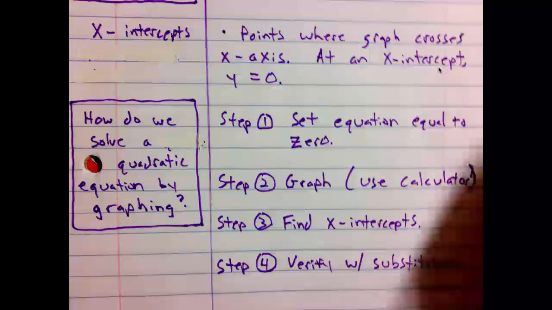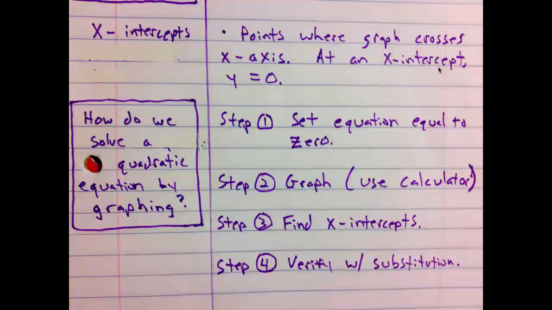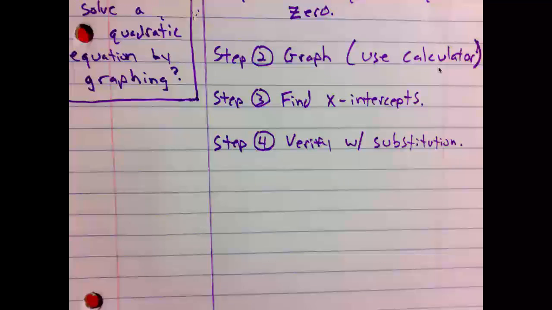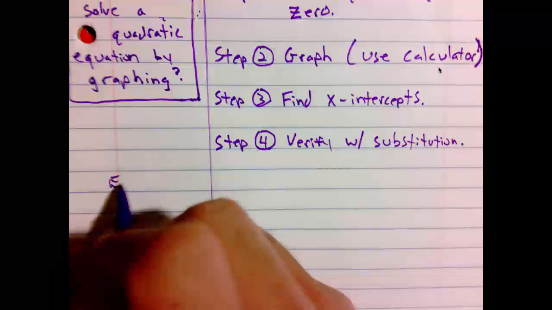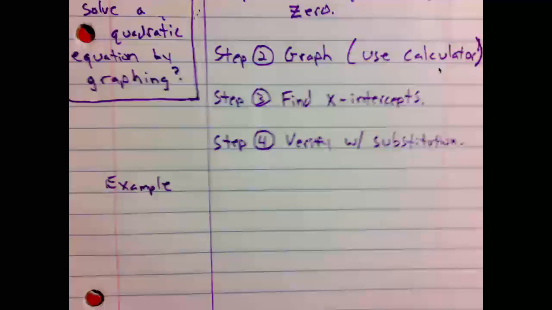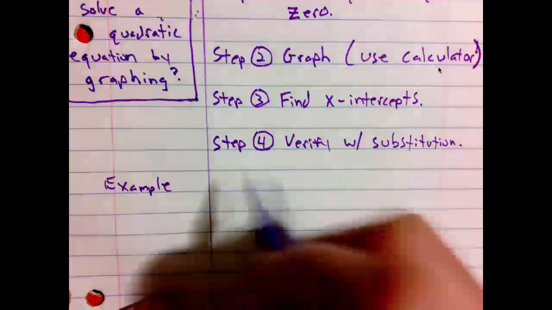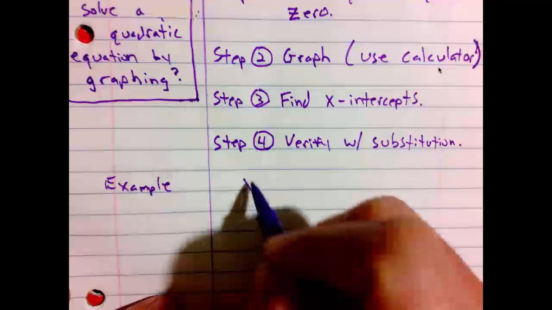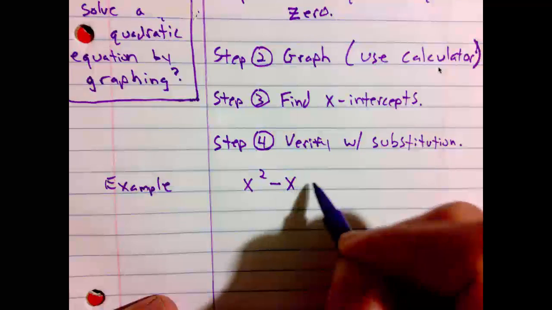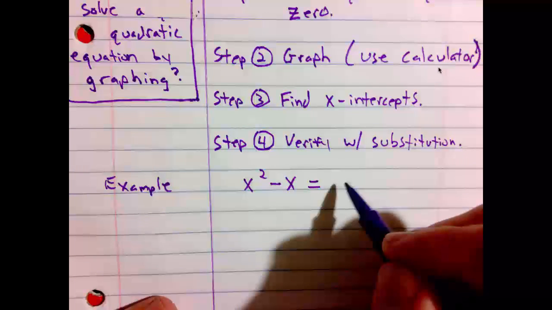All right, let's see if we can work an example. So we're given the quadratic equation x squared minus x is equal to 12.